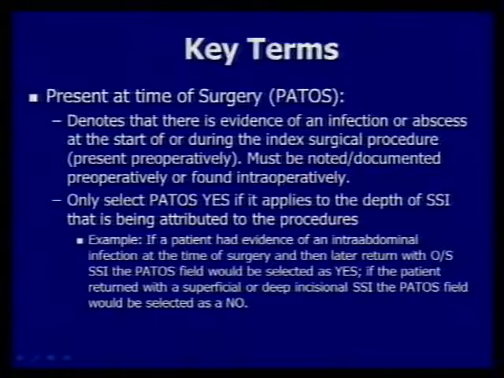In other words, if they come back in with an organ space SSI after having a ruptured appendix, then you would check PATOS yes. If they come back in with a superficial surgical site infection after having that appendectomy, then you would check no. So the infection at the time of the original surgery and the infection level at the time of the SSI have to be the same. Okay?